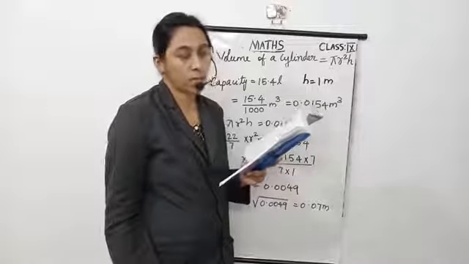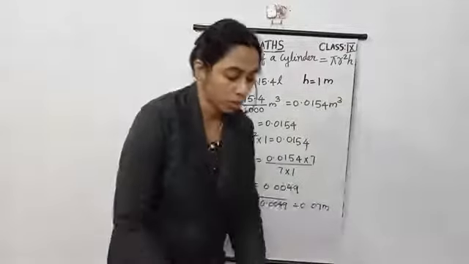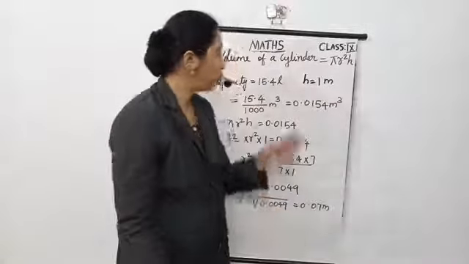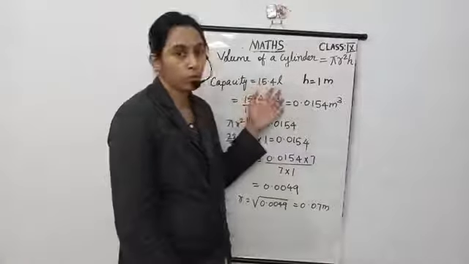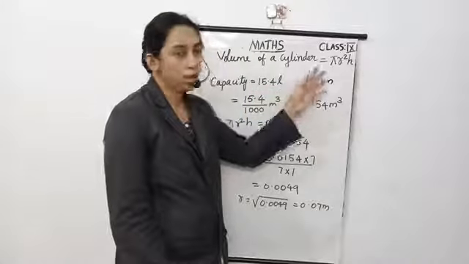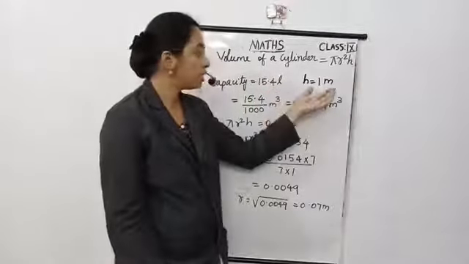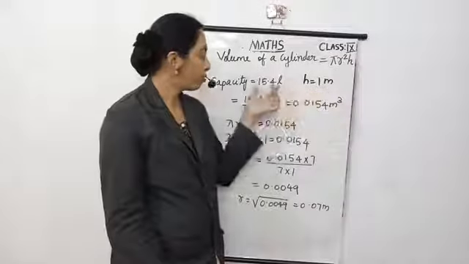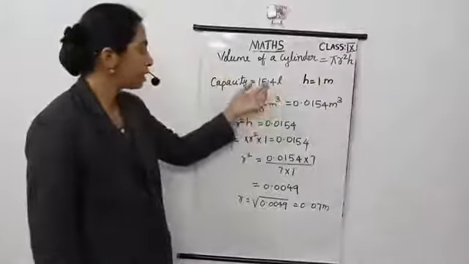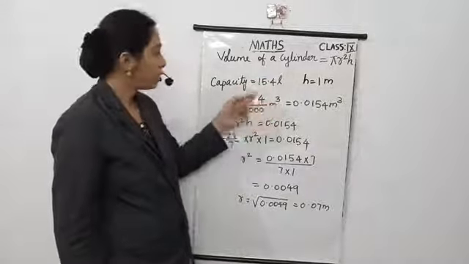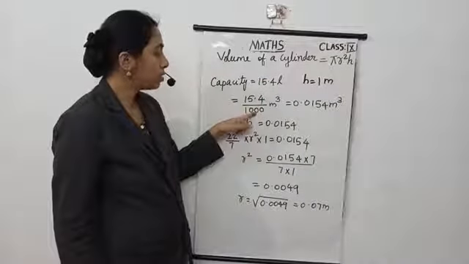Before that we need to find its radius. Here the capacity is 15.4 liter and the height is 1 meter. Capacity is given in liters and height in meters, so we need to convert liters to meter cube.